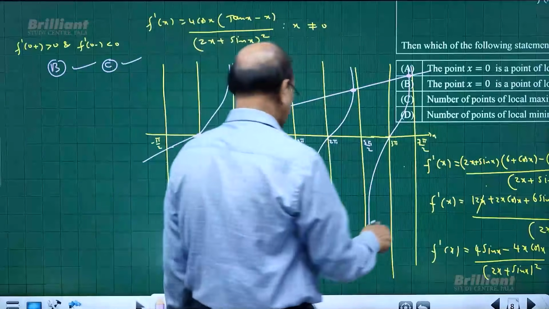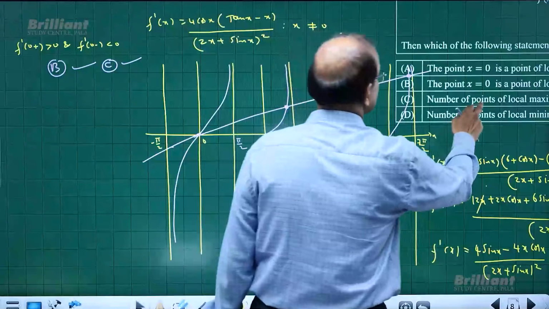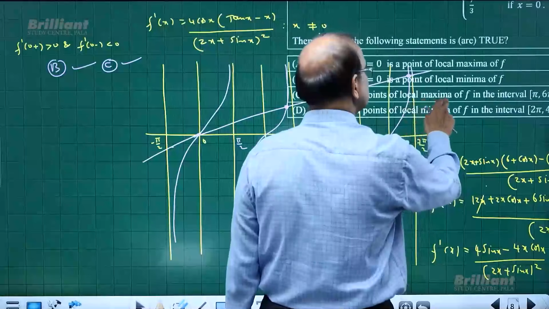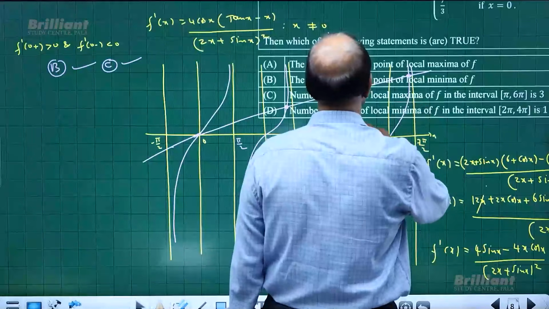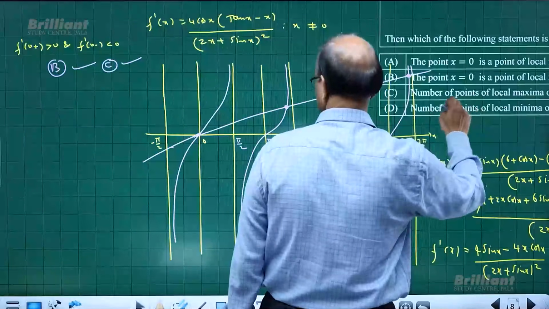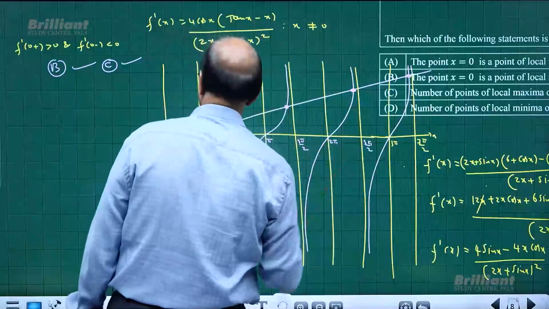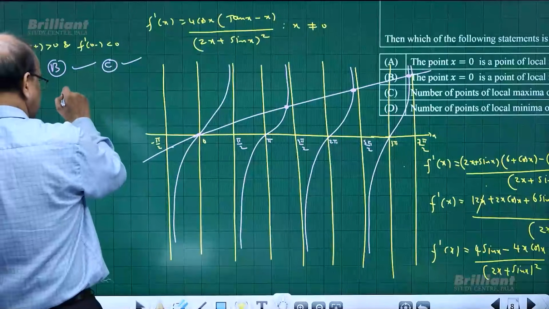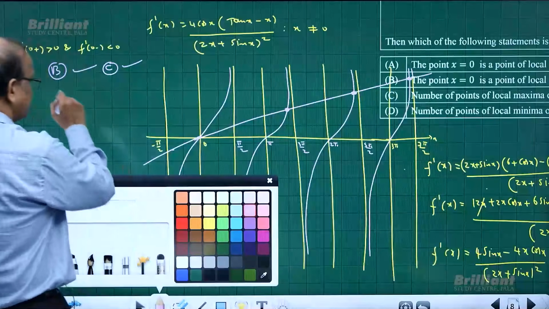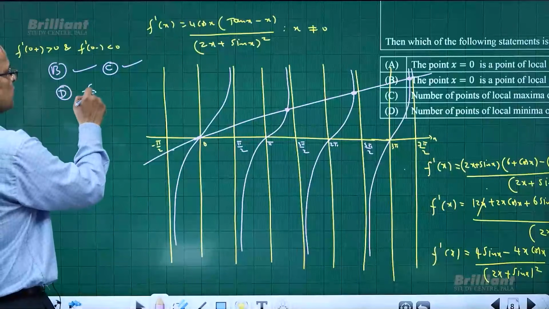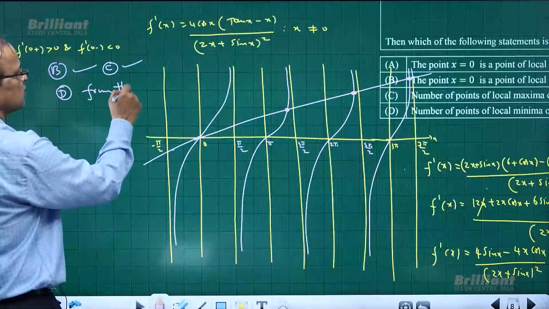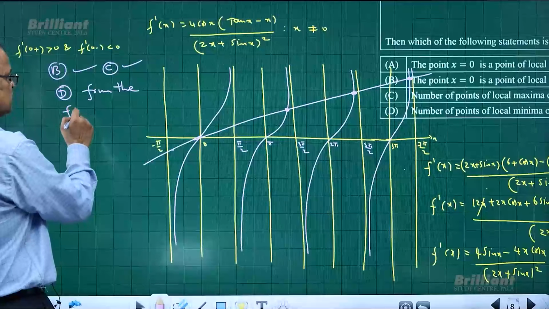Then the number of local minima in the interval 2 pi to 4 pi is 1. So D is also right from the figure. Okay, so B, C, D correct.